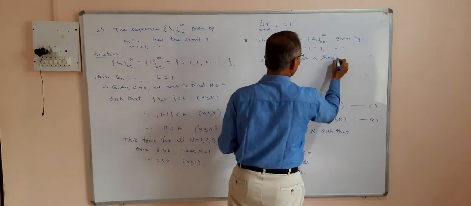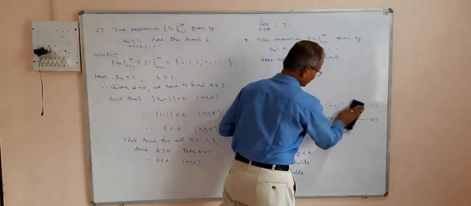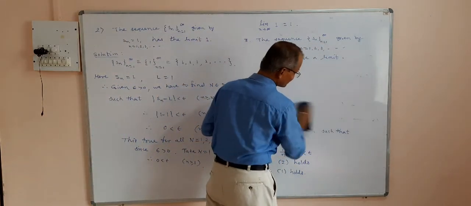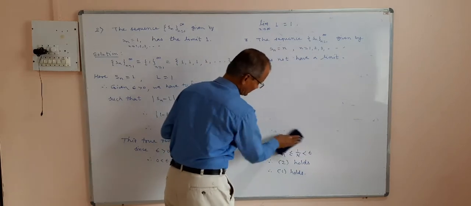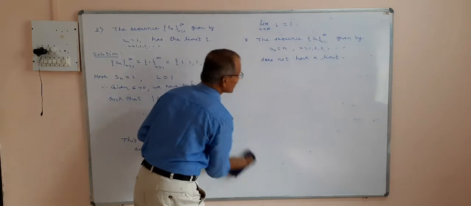There is no limit for this sequence, or the limit does not exist for this sequence. So there are some sequences we have seen that have a limit. Now this is an example of a sequence which doesn't have a limit.